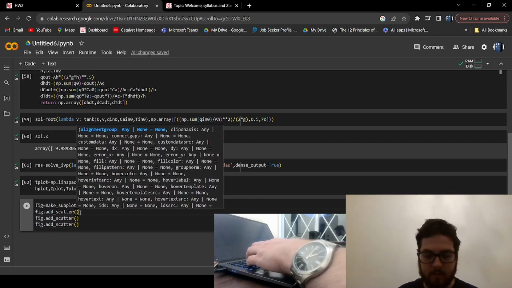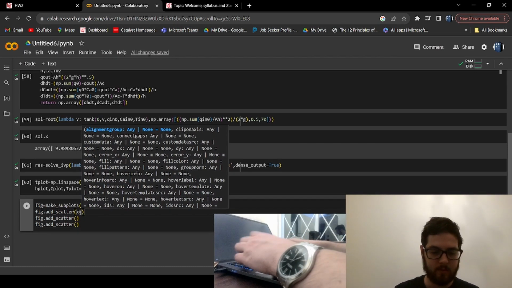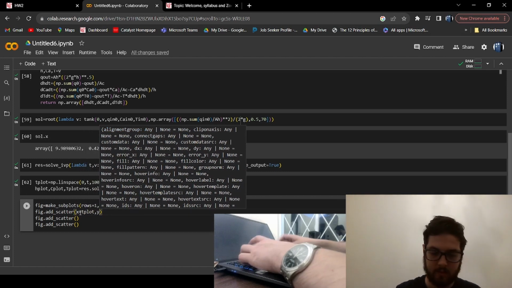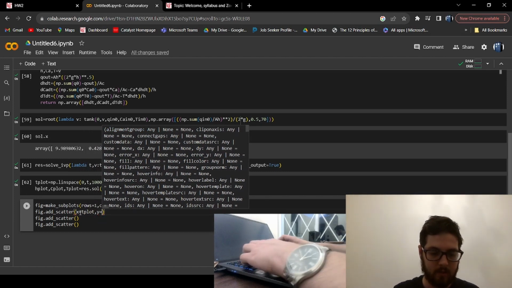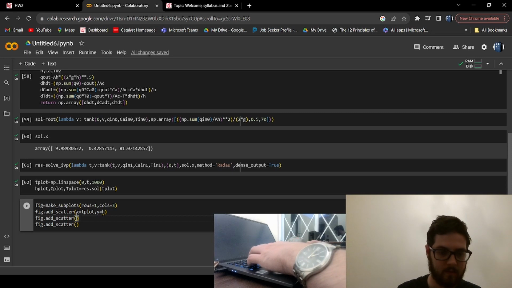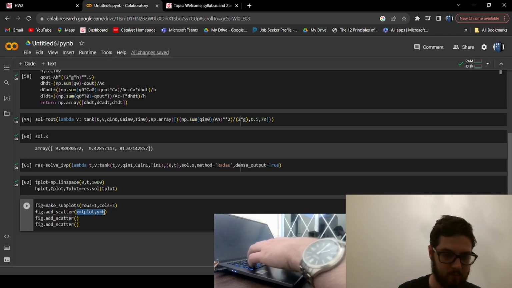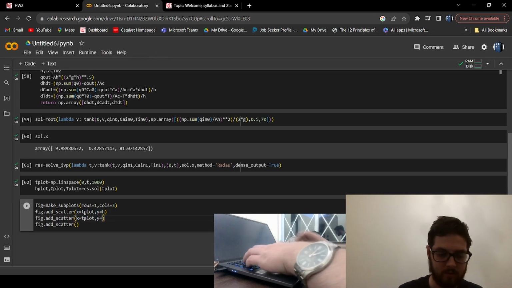Get some general housekeeping. X is equal to time, Y is equal to height. Same thing here, but concentration.